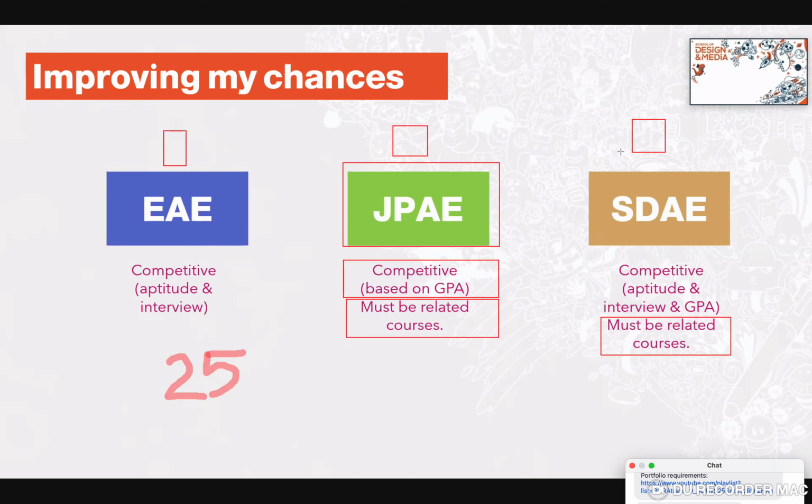Now SDAE is also competitive. It is based on aptitude, interview and GPA, and you are competing with other students as well. We have overseas students coming back, A-level students, O-level students, and this is where they will apply.